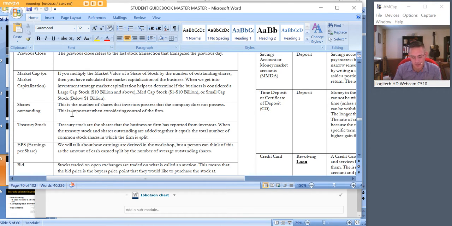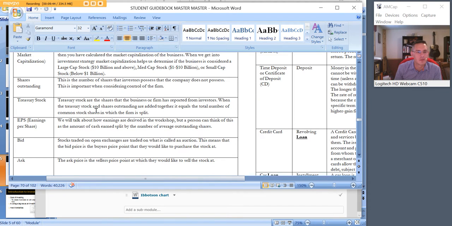That's how companies try to control that. Which gets us to treasury stock: the shares that the business or firm has repurchased from investors. When the treasury stock and shares outstanding are added together, it equals the total number of common stock shares the firm holds. Then we have earnings per share, which is a very important definition.